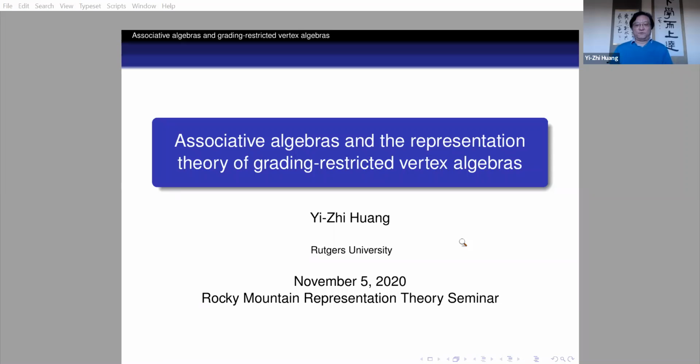Because these vertex algebras are actually analogs of commutative and associative algebras, my hope is that in the future we develop a theory of vertex algebra in which we can say which part is analogous to which part of associative algebra, and in what sense.